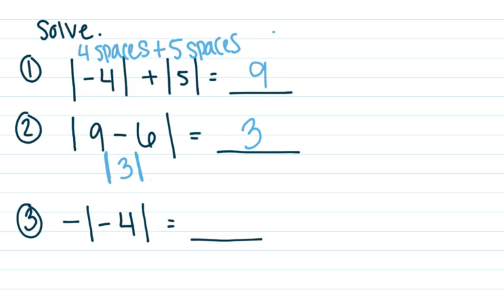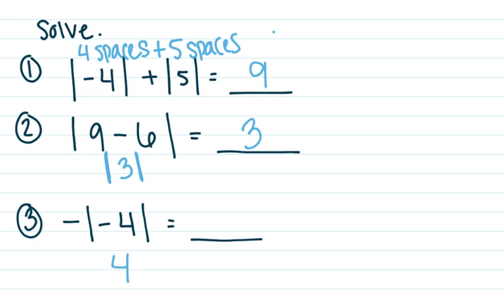Now, number 3 looks kind of tricky and kind of weird, so let's talk about that. We can have negatives outside of our absolute value, and that's what's happening here. We need to figure out how far -4 lives from 0. So what is the absolute value of -4? Well, -4 lives 4 spaces from 0.